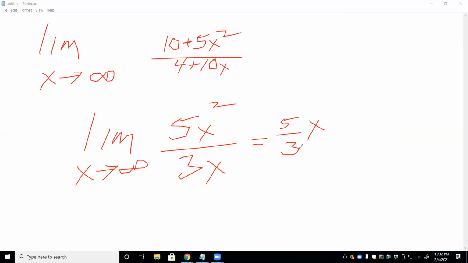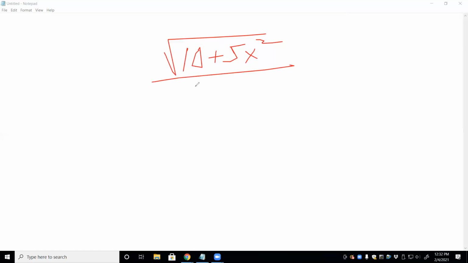And as x goes to infinity, this number goes to infinity. Gotcha. Okay? So the only time, oops, what was the bottom? 4 plus 2x? 4 plus 10x.